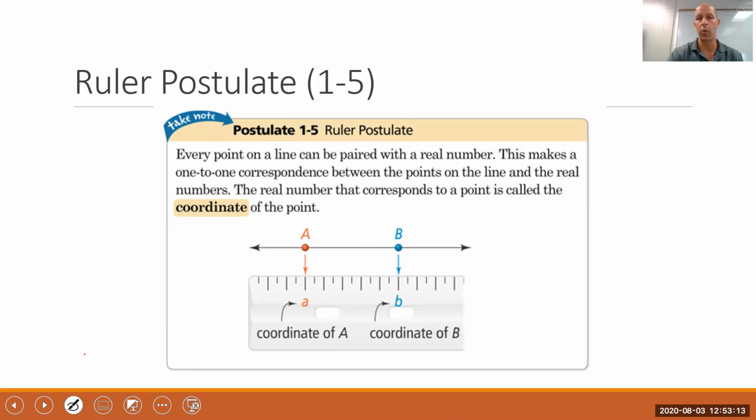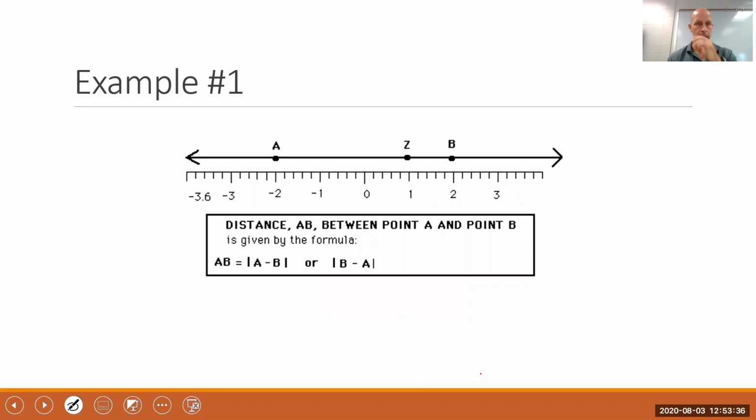I don't know what the markings are here specifically, but let's guess: A has the coordinate of 3 and B has the coordinate of 8, say in centimeters. That's what the ruler postulate says.